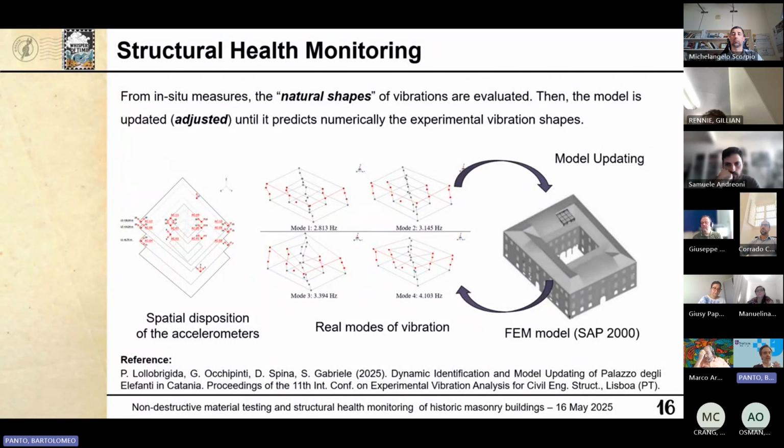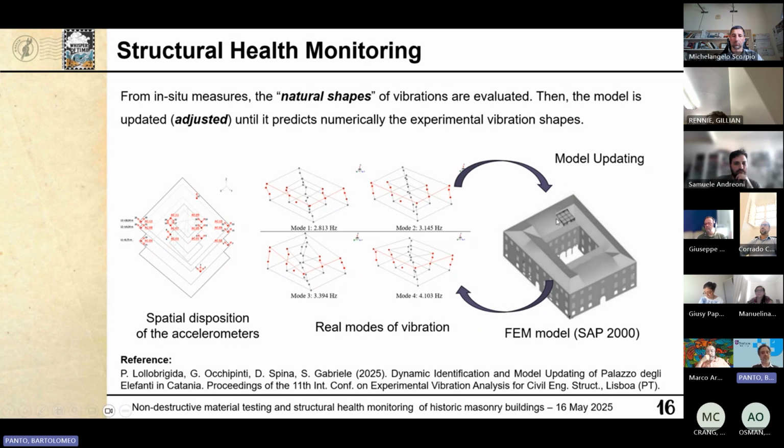We can isolate these fundamental shapes by means of the accelerometers, and these natural shapes that we observed experimentally can be compared with the prediction of the numerical model. We provide numerically a sort of approximation of these natural shapes of vibration.